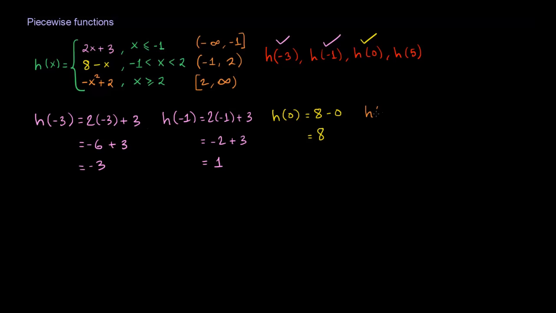It will be h of 5 equals negative 5 squared plus 2. So here will be -25 plus 2, and we get that h of 5 is equal to -23. I'm just going to check this one, and that would be it.